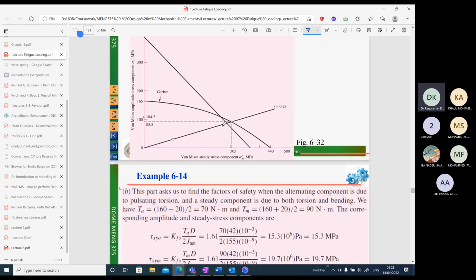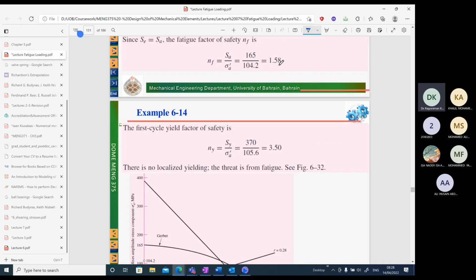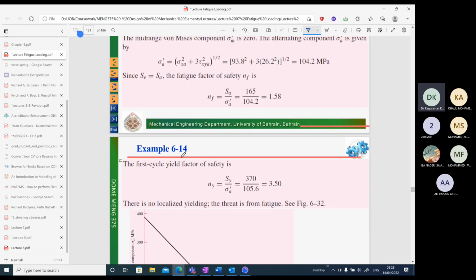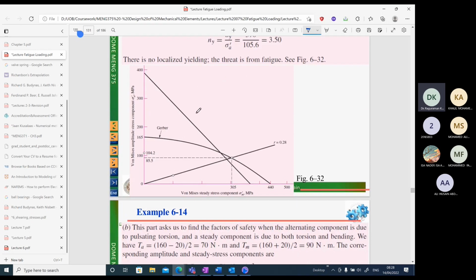I think this graph does not correctly show it. The load line, most probably it is in this region, because you see the fatigue factor of safety is quite low, and the yield factor of safety is pretty high.